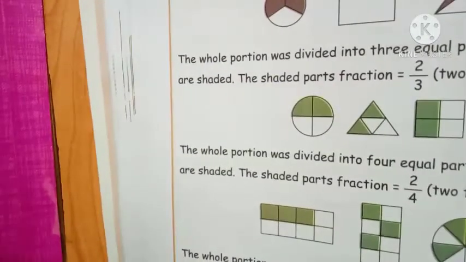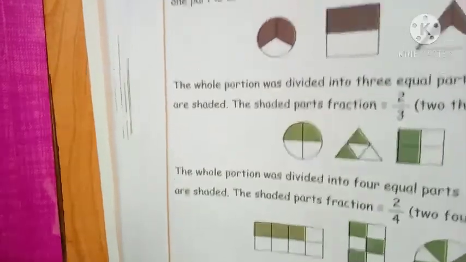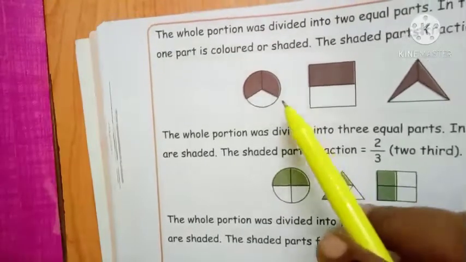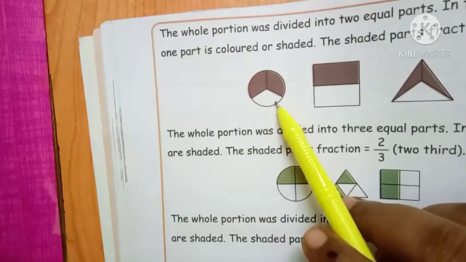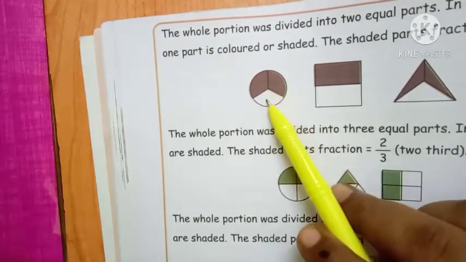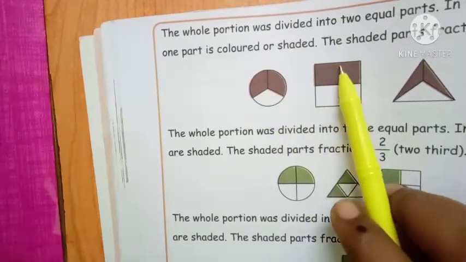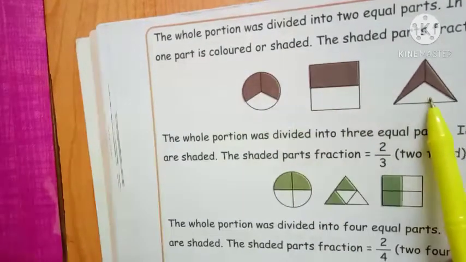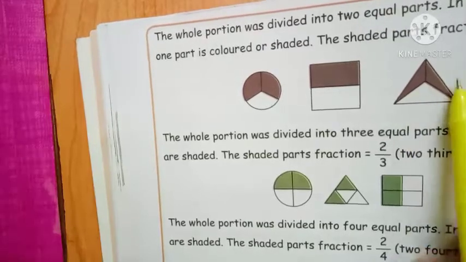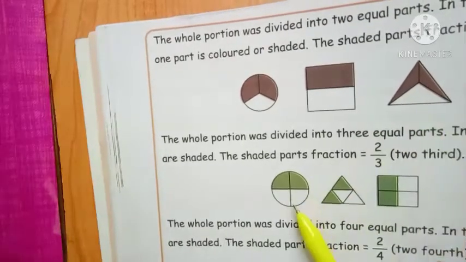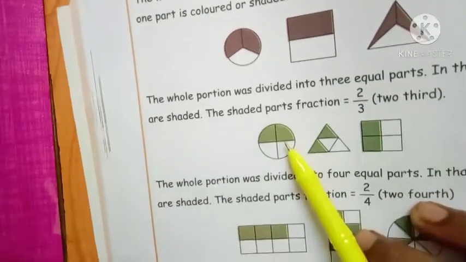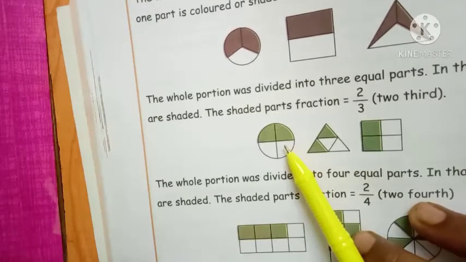Before that, you learned example sums. Here a circle is taken with 1, 2, 3 parts, a rectangle with 1, 2 parts, then a triangle with 1, 2, 3 parts. Next, the circle is 4 parts, the triangle is 4 parts, and the square is also 4 parts.